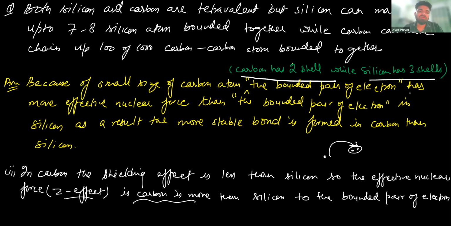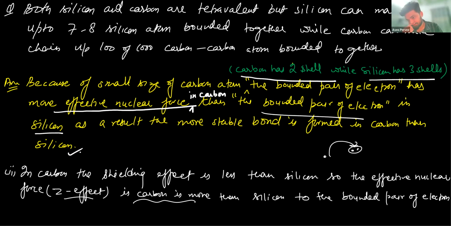The bonded pair of electrons has more effective nuclear force in carbon than the bonded pair of electrons in silicon. As a result, a more stable bond is found in carbon than in silicon. Note it down.